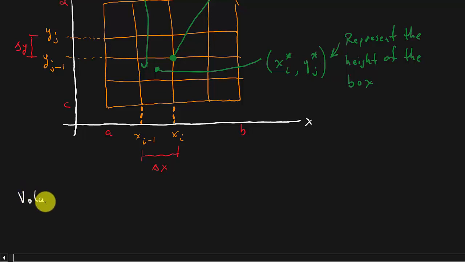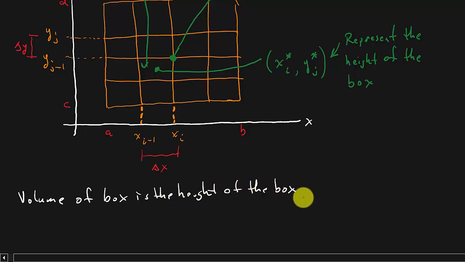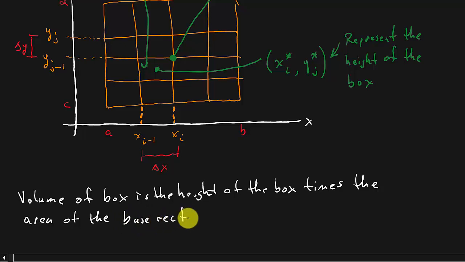So the volume of the box is the height of the box times the area of the base rectangle.